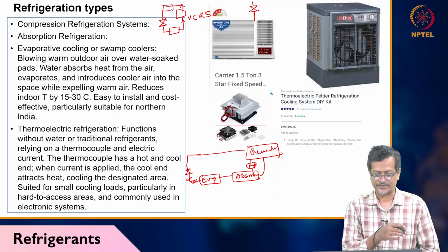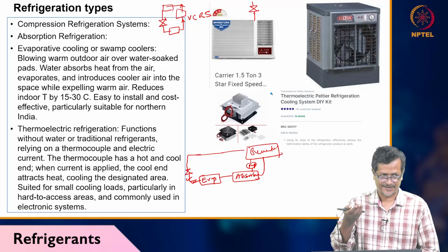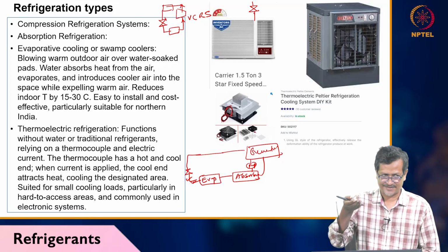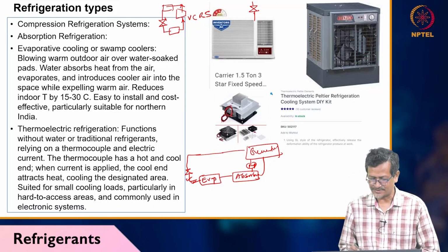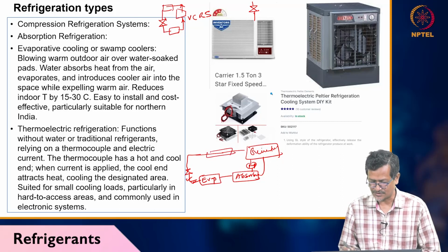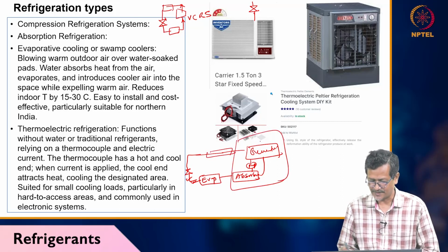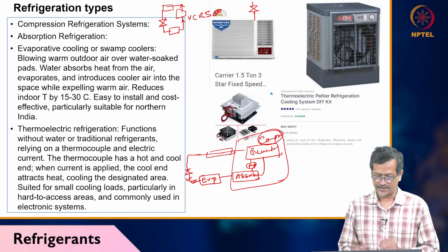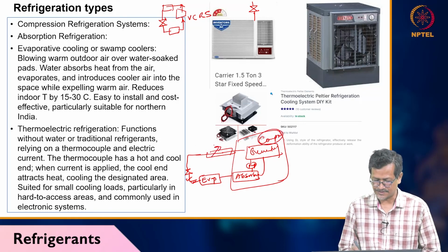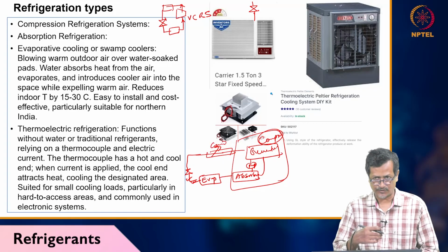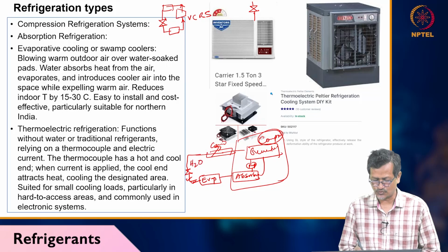In the vapor compression system, you create low pressure, then compress, then expand, and here you do the same thing. This part mimics the compressor of your vapor compression system, but the rest is the same. This is the condenser, releasing heat, then the throttle valve, then the evaporator. In this case, H2O can be your refrigerant, and ammonia can be your refrigerant.